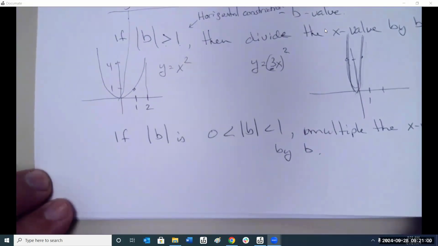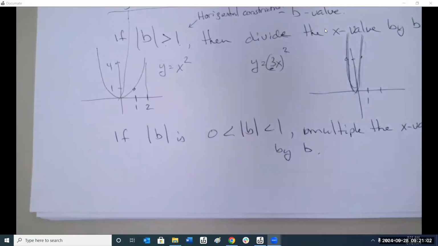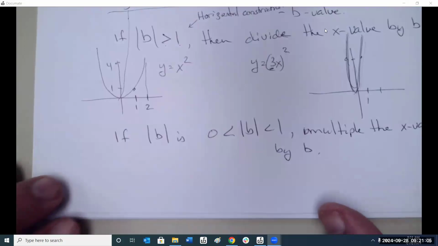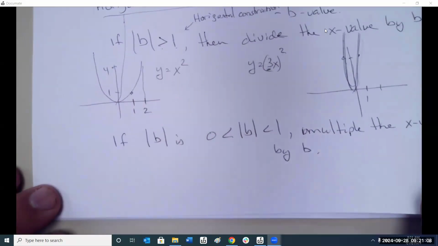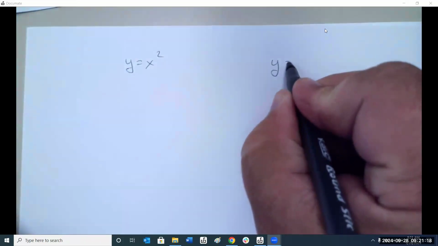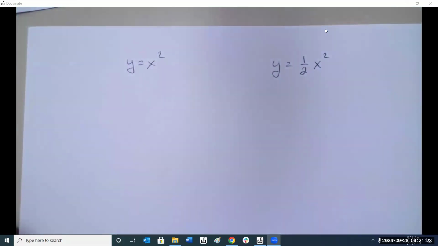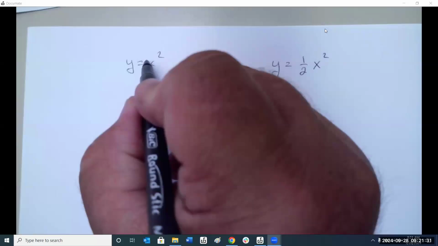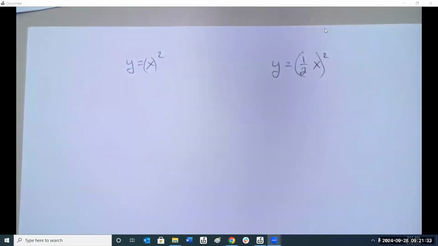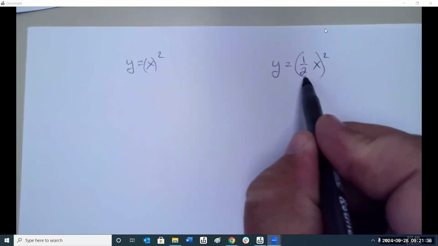And what that's going to do, that's now going to change our horizontal, it's going to stretch it out. Let's see this one. Y equals x squared. Y equals 1/2 x squared. It's inside the function.